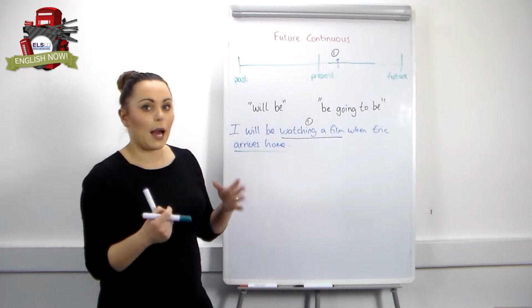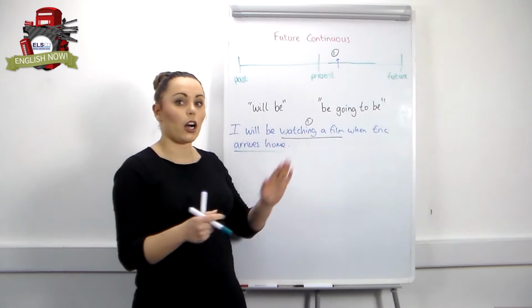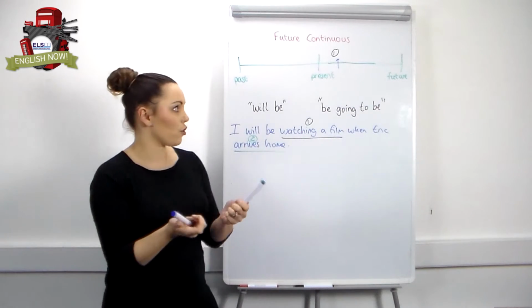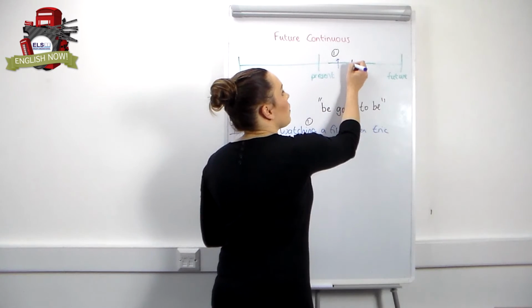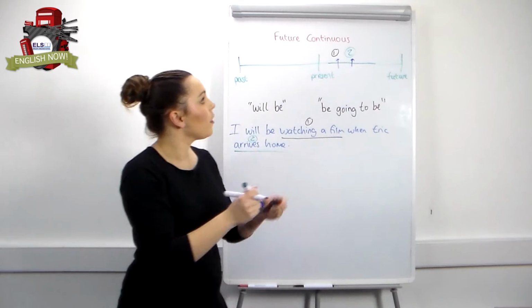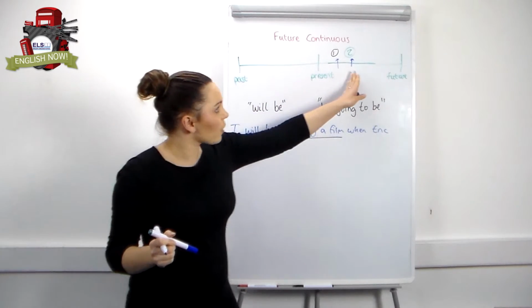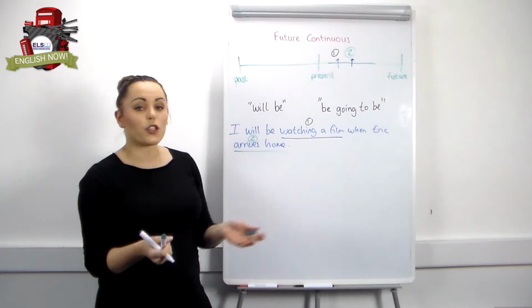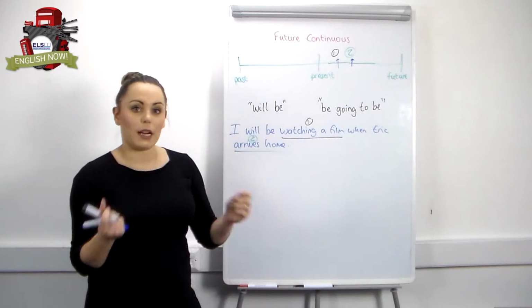This action happens after the start of the first one. So if we label this one action 2, during this time, action 1 will still be in progress. So I will still be watching my film when Eric arrives home.